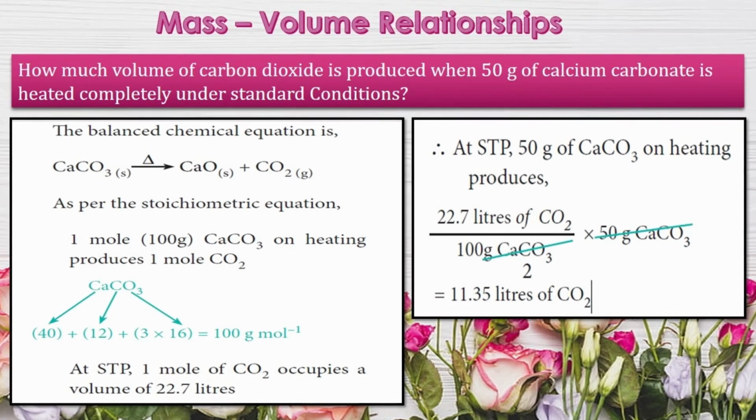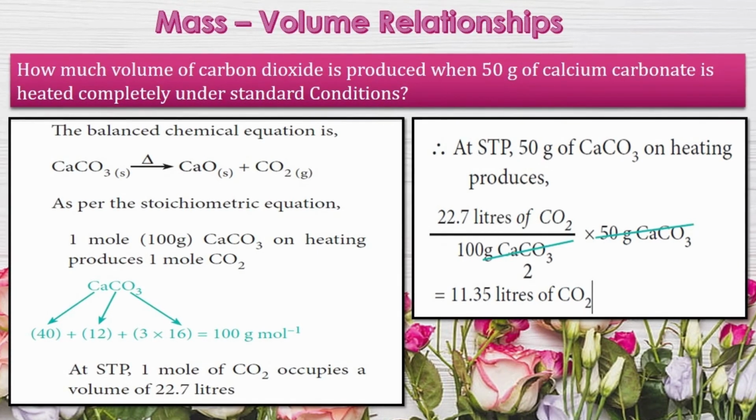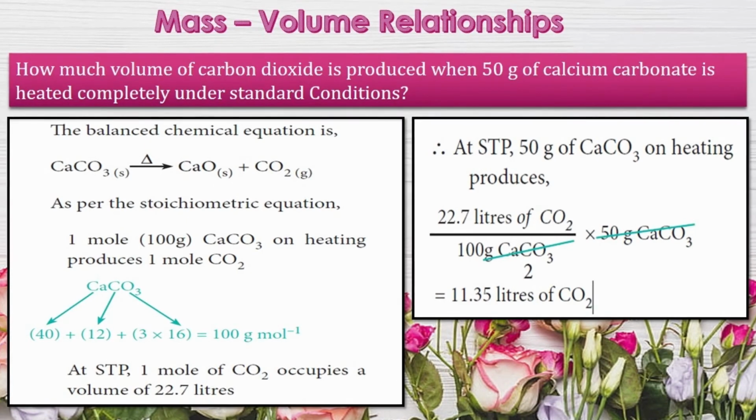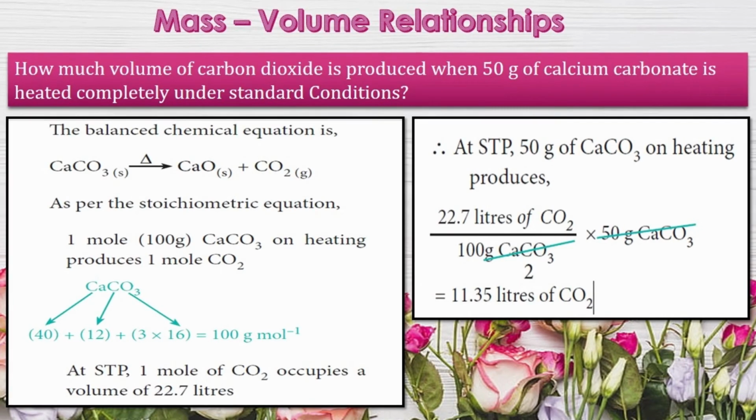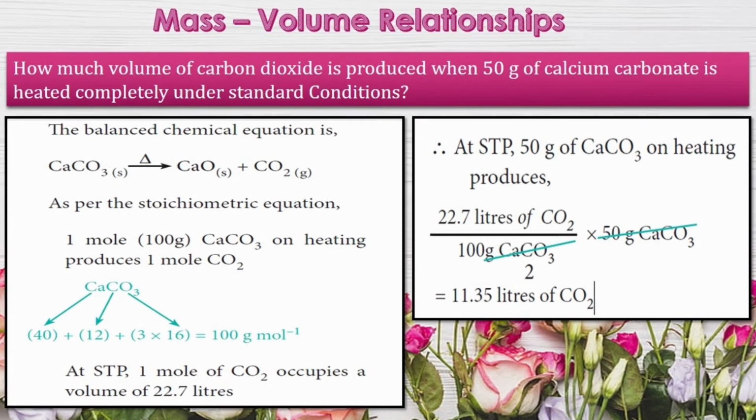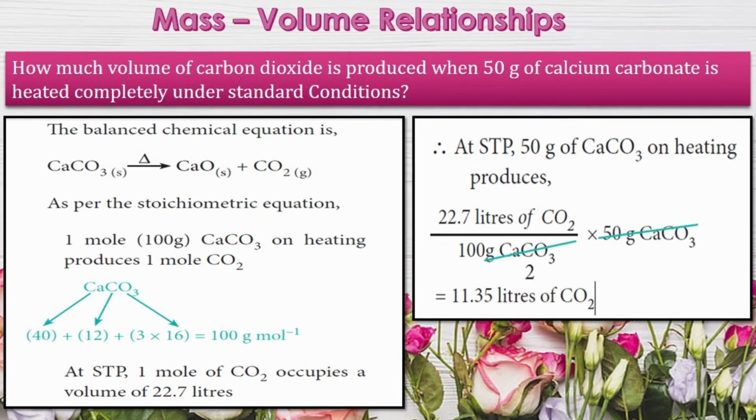We know 1 mole of calcium carbonate will weigh equal to molar mass of the substance. So 1 mole of calcium carbonate will have the weight equal to 100 grams per mole. So 100 grams of calcium carbonate will produce 1 mole of carbon dioxide.